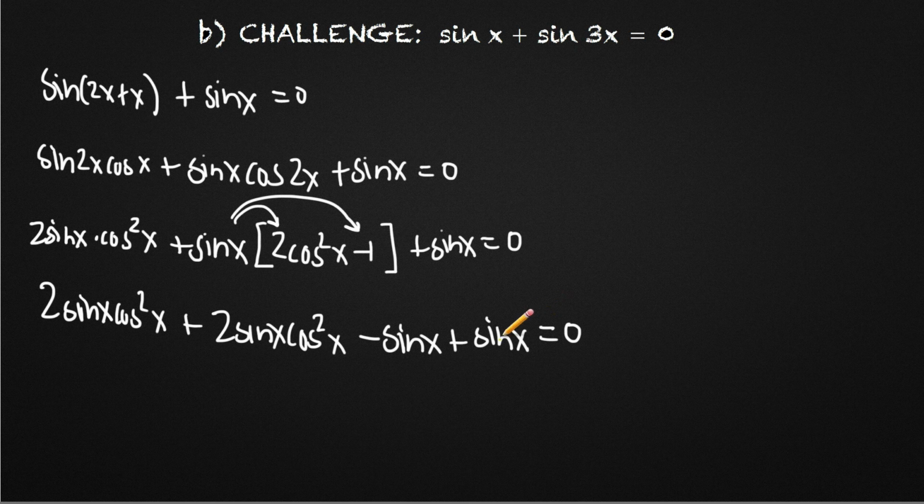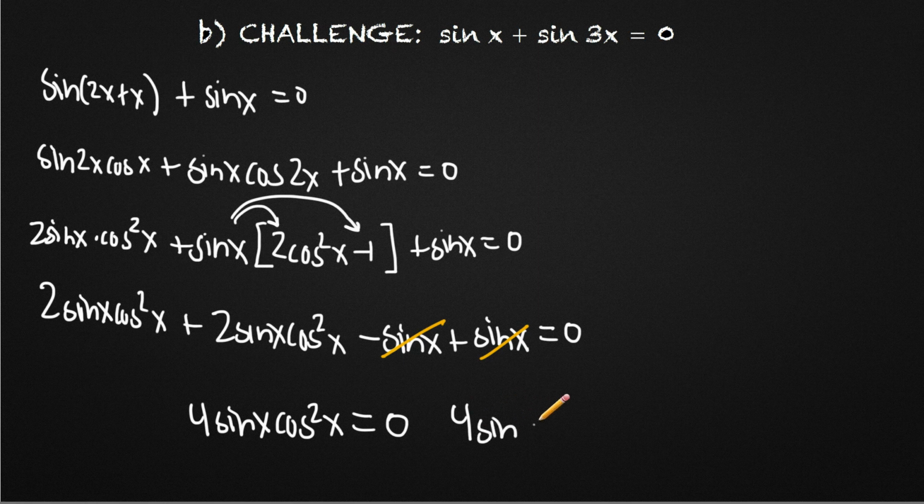All right, so what do we notice? We notice that this and this cancel out, and I'm left with 4 sine of x cosine squared x equals 0. Now I'm going to go ahead and replace cosine squared with 1 minus sine squared because that is our Pythagorean identity that we learned whenever we did all of our proofs.